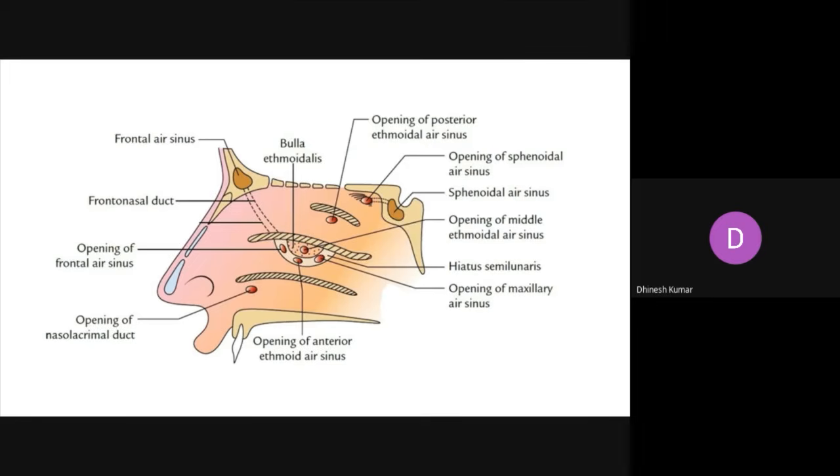This is the diagram showing the three concha: superior, middle, and inferior. Below them we have the superior meatus, middle meatus, inferior meatus, and you know the various structures opening into them. And I told you already, the sphenoidal air sinus opens into the sphenoethmoidal recess.